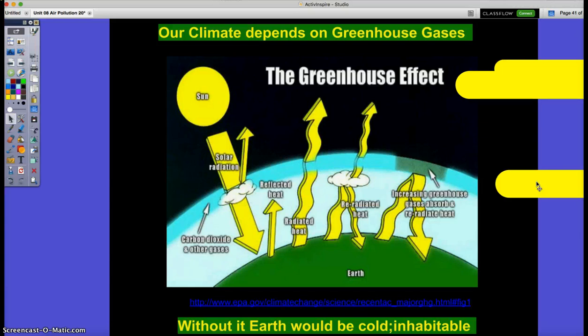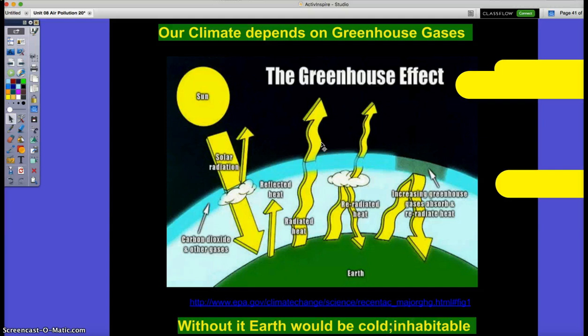Less than 1, okay? Because 1% of our atmosphere is argon, carbon dioxide, and then other gases, especially other greenhouse gases. They help Earth be a certain temperature that we can live in. Without greenhouse gases, Earth would be too cold to live in. That's why it says uninhabitable. It would be too cold to live in.